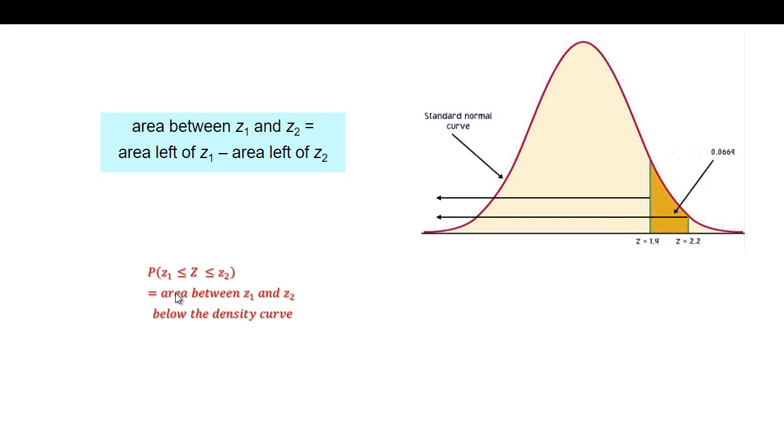That's the probability: the area between z1 and z2 is the probability that z is between z1 and z2.